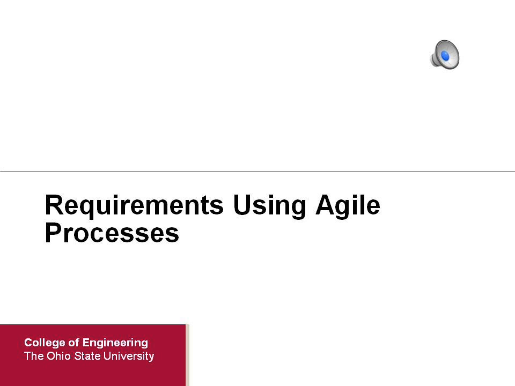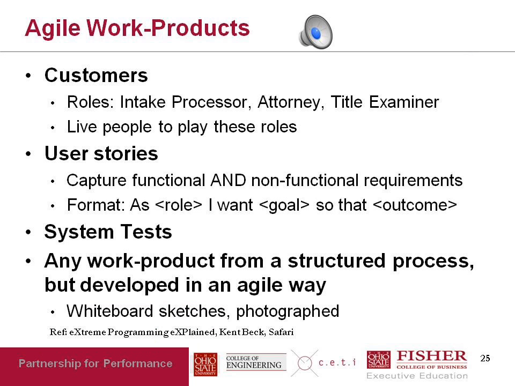So keeping that in mind, let's look at the work products for agile requirements gathering. The first work product, it might seem strange to call this a work product, is the customer himself or herself.